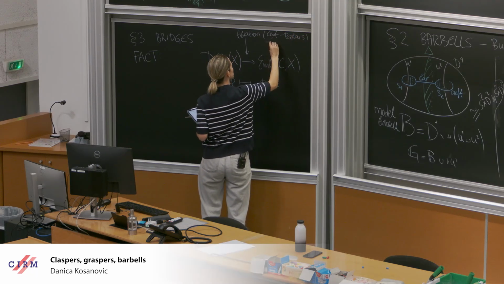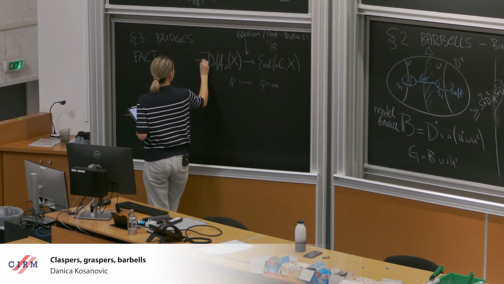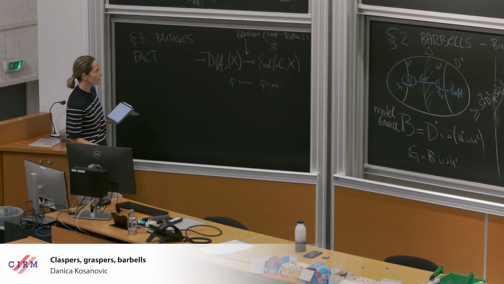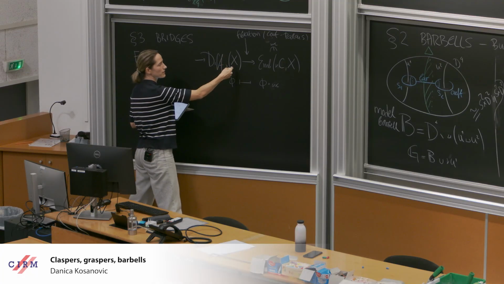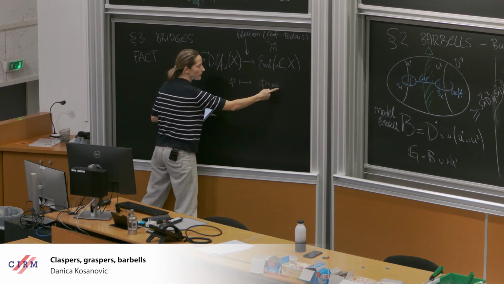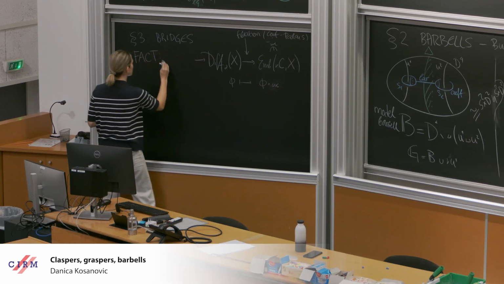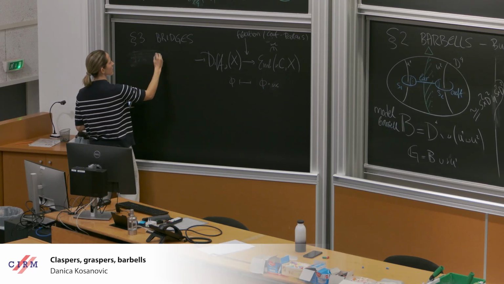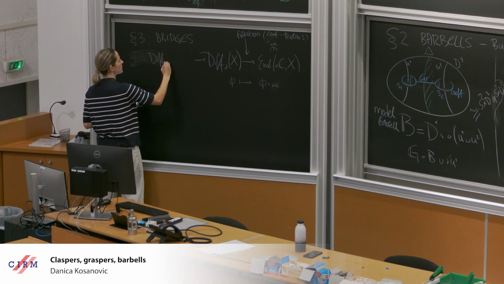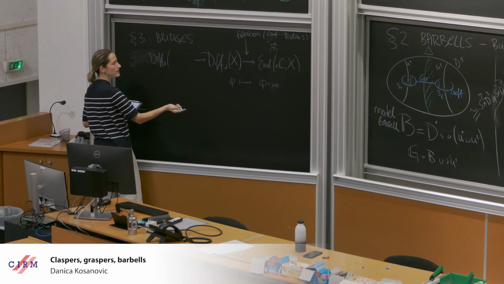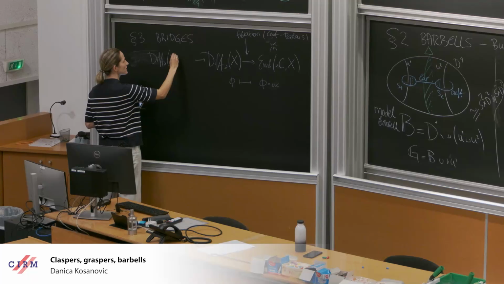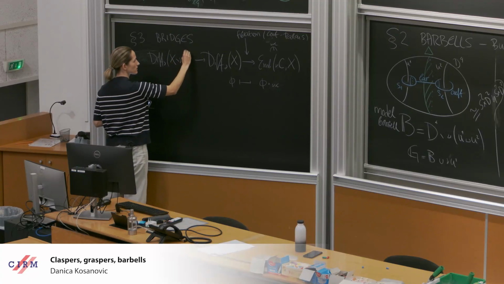And let's determine the fiber. The fiber is all diffeomorphisms that, when evaluated on C, give you back C. So diffeomorphisms of X that fix a neighborhood of C, well, that's the same as diffeomorphisms of X minus this.